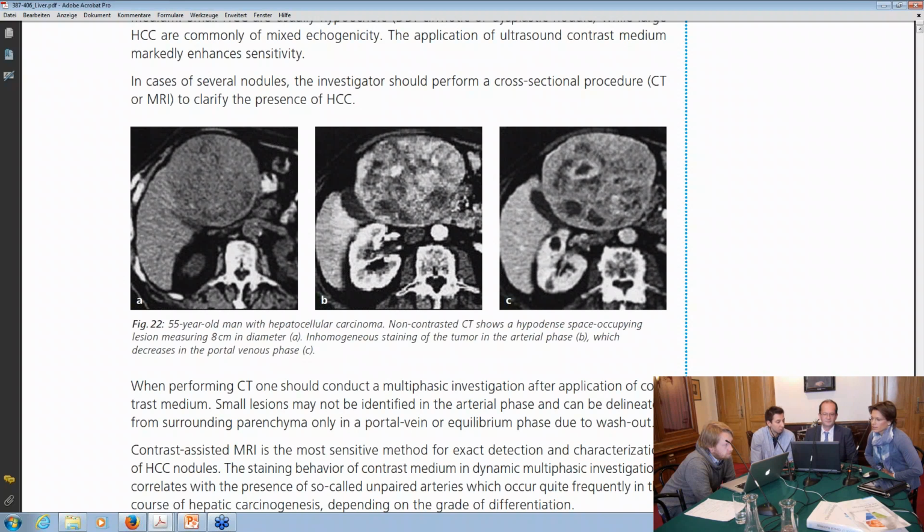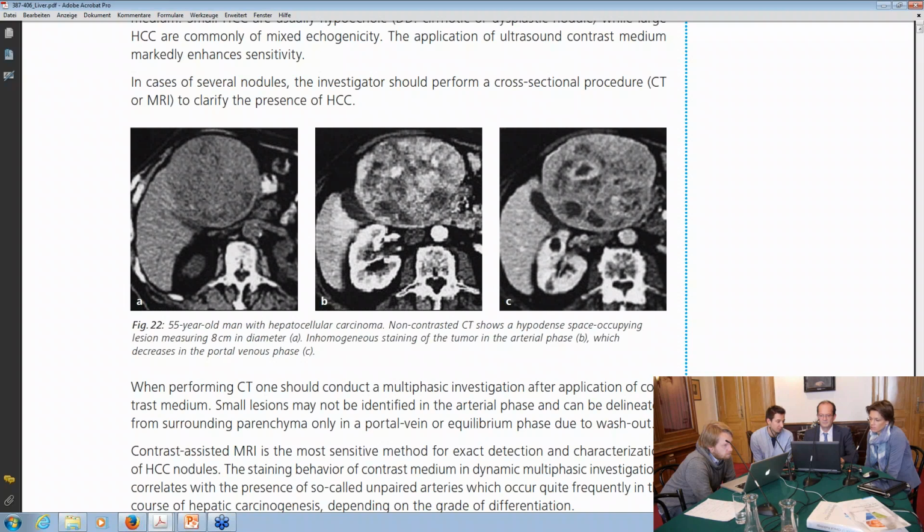I would like to add that the very characteristic finding of malignant disease is hypervascularity. So you see in the arterial phase it's hyperdense, and you have to see the washout. So in the portal venous phase the hyperdensity is not seen anymore, and this is highly suspicious, additional to the findings we've heard already of malignant character.